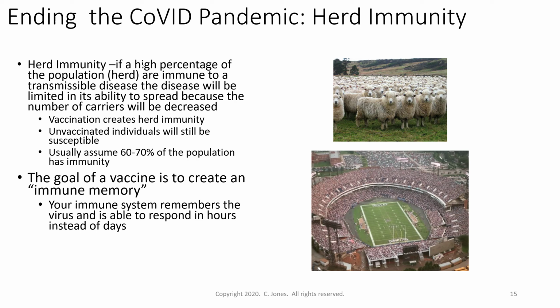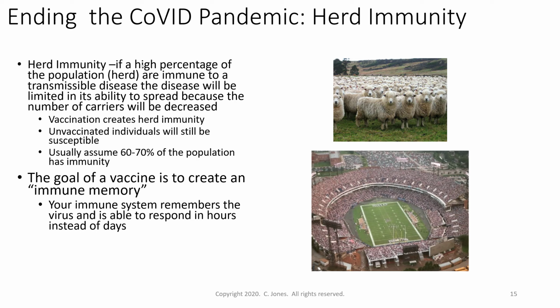The assumption is that at least 60 to 70% of the population must acquire some form of immunity, either by surviving exposure to the virus or hopefully by getting vaccinated before they get exposed to the real virus. Okay? The goal of a vaccine is to create an immune memory.